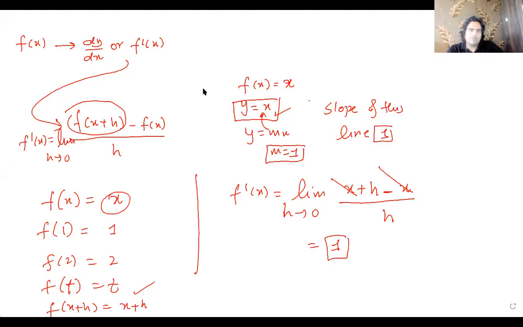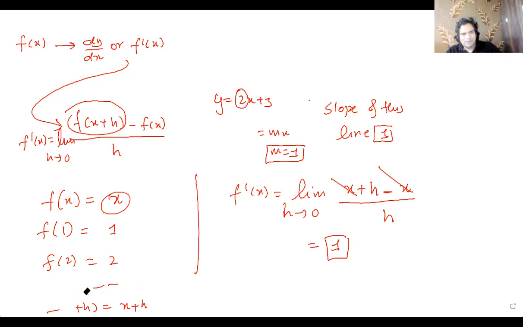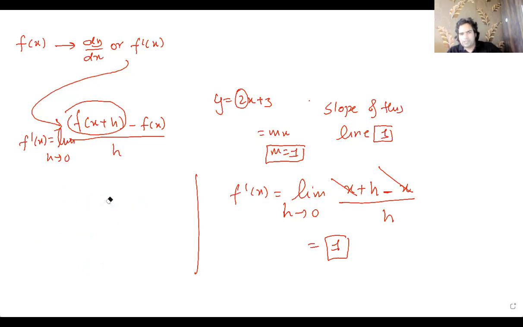Now let's take the same example for a line, 2x plus 3. Let's say I'm doing the derivative for y equals 2x plus 3. Everyone knows that the slope is 2 here, but let's see how it comes. I'll go back to the same thing. The very simple first step is to find f of x plus h.